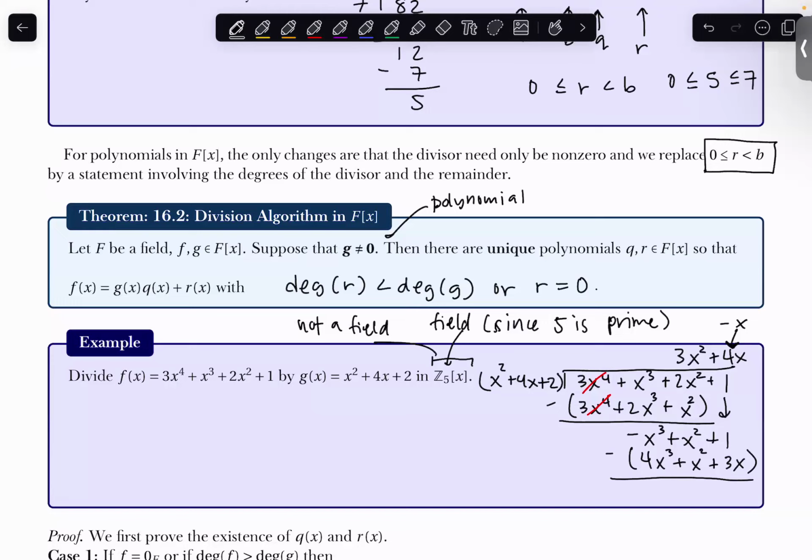So I'm going to have minus x cubed minus 4x cubed. And what should I get there? Yep. -5 or 0, so this one will just disappear. Which was the goal. Okay, and then I subtract my x squared with my x squared. So I'll get a 0x squared there as well.